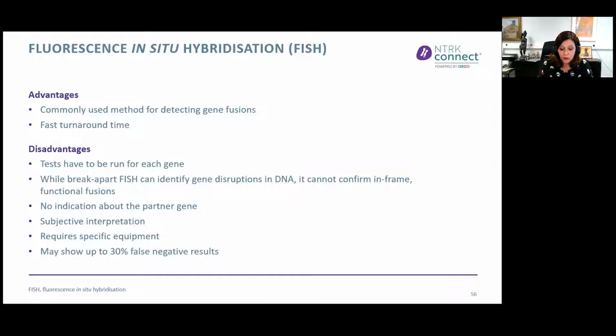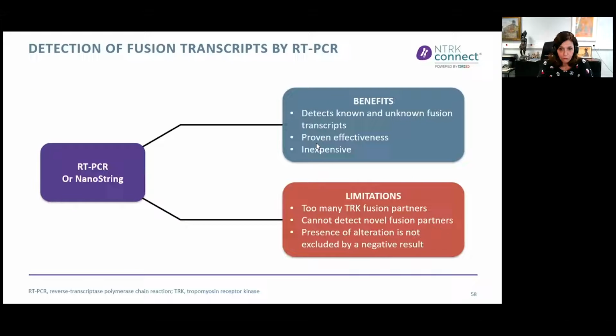So it's a technology that also has a fast turnaround time, one or two days. But as I said, we need one test for each gene, and we cannot confirm that the fusion is in frame and functional. And some reports, especially in pediatric tumors, have shown up to 30% of false negative results.